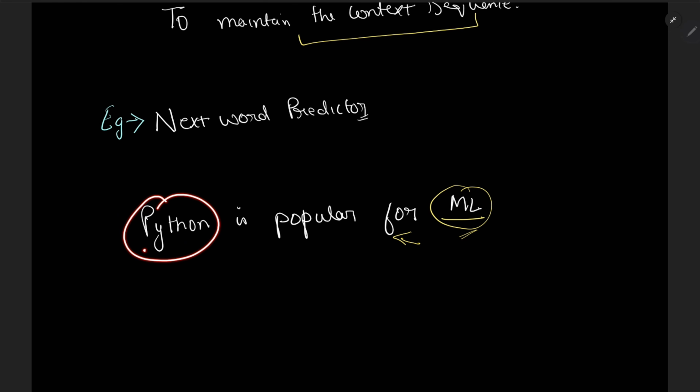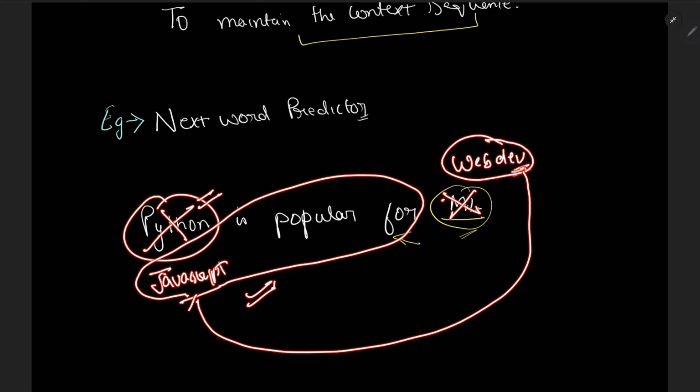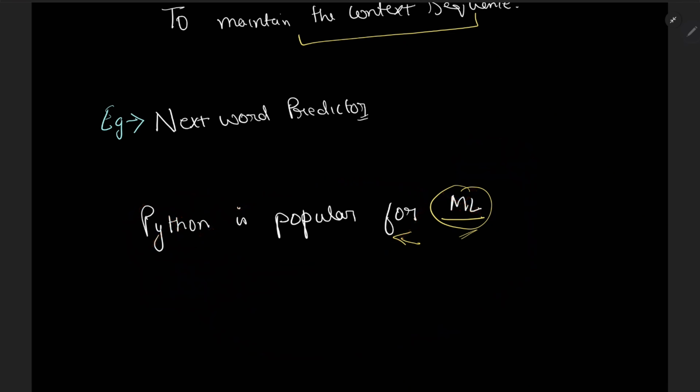Let's say instead of Python, we have the word JavaScript. So we have provided "JavaScript is popular for" as an input sequence to our RNN. Then in this case, the RNN will give us the output WebDev instead of ML. So you can see that just by changing the input word, the output word also changes. That means this output word WebDev is contextually dependent on the word JavaScript.